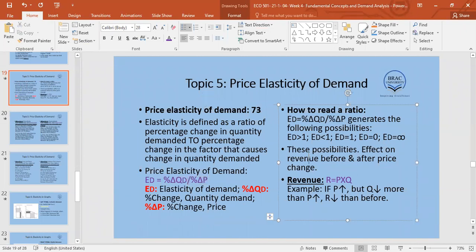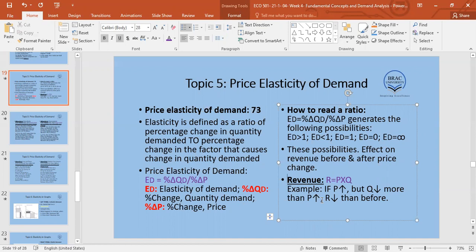So these possibilities have a big effect on the revenue of the firm. Revenue of the firm is defined as price times quantity. So if price changes 5% above, it goes up. How does quantity demanded respond? We saw this in the last part. For example, if price increases but quantity decreases more than the price increase, then revenue is less than before.